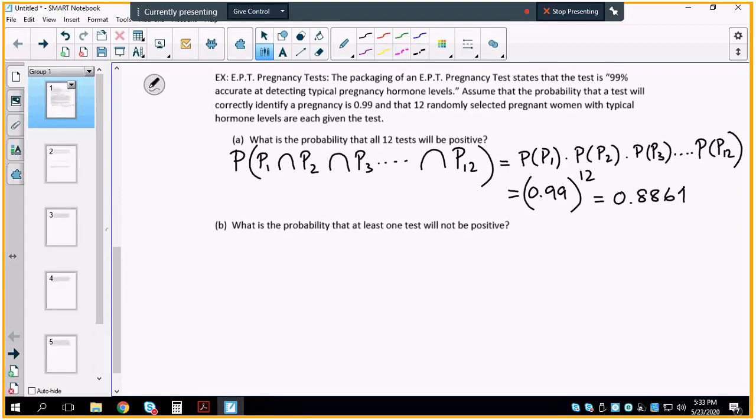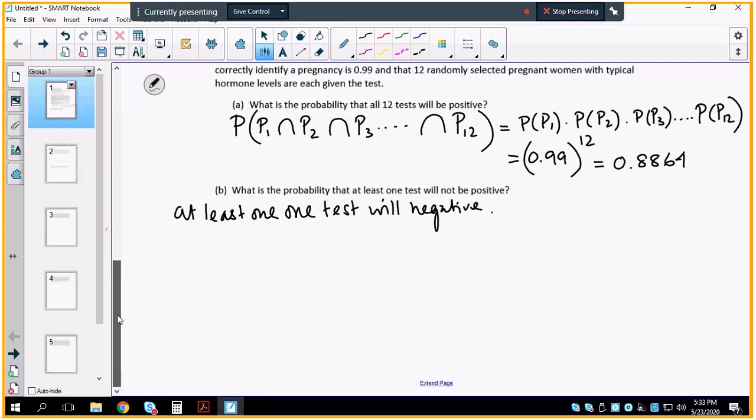And the next question is asking me, what is the probability that at least one test will not be positive? So at least one test will not be positive means what? At least one test will be negative. Let's think about it first.